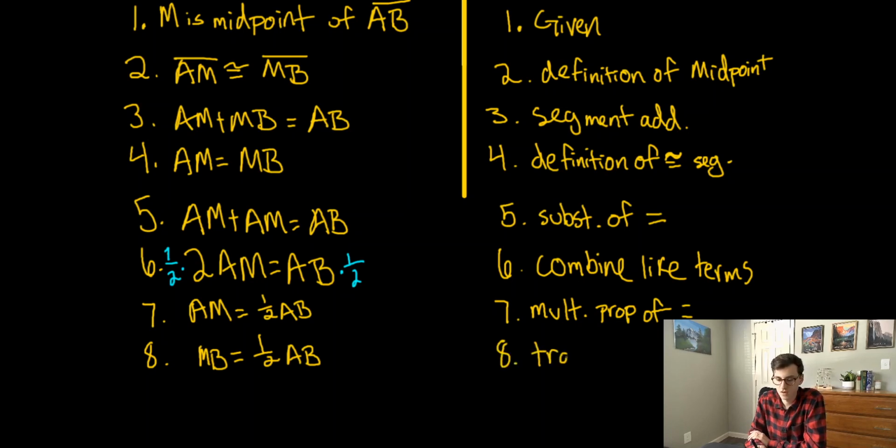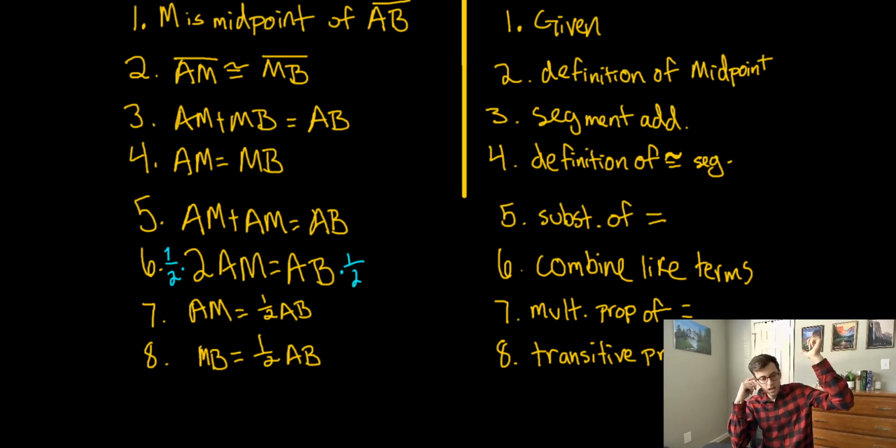That's the transitive property of equality, because I'm saying AM equals MB and AM equals 1/2 AB, so MB equals 1/2 AB.